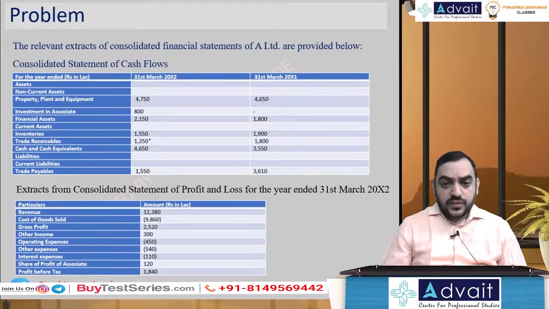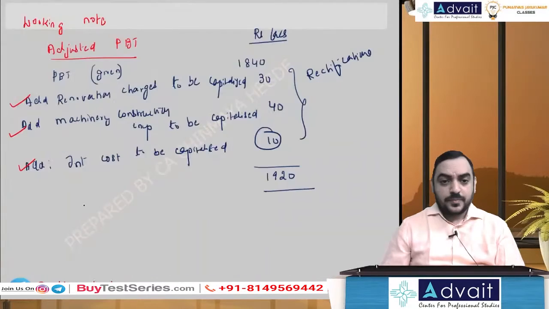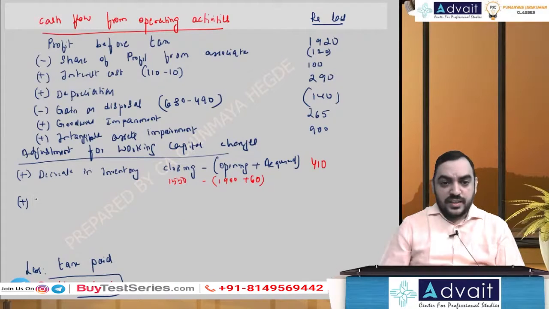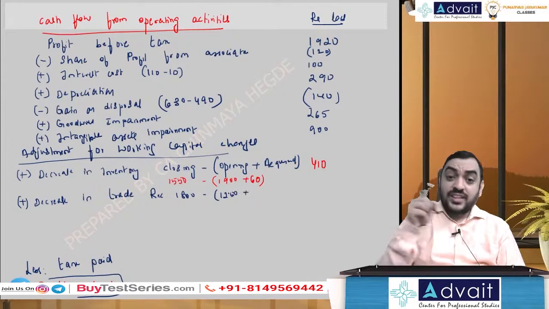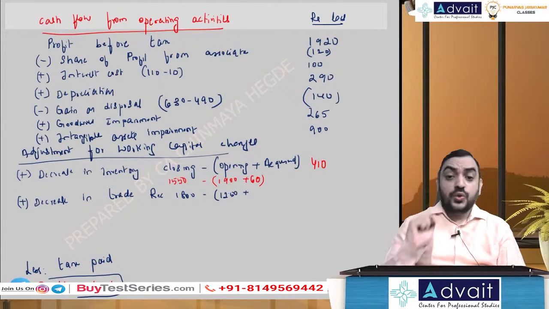Debtors, trade receivables, 1800 has become 1250. This also again decreased. Decrease in trade receivables. 1800 has become 1250. But I am not going to take only 1250, I'll also take the acquired.